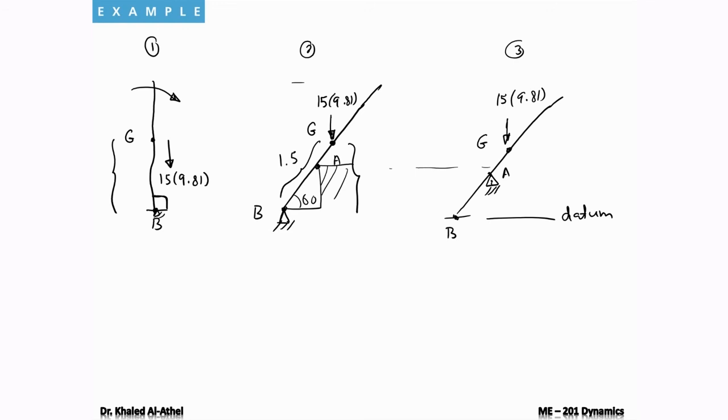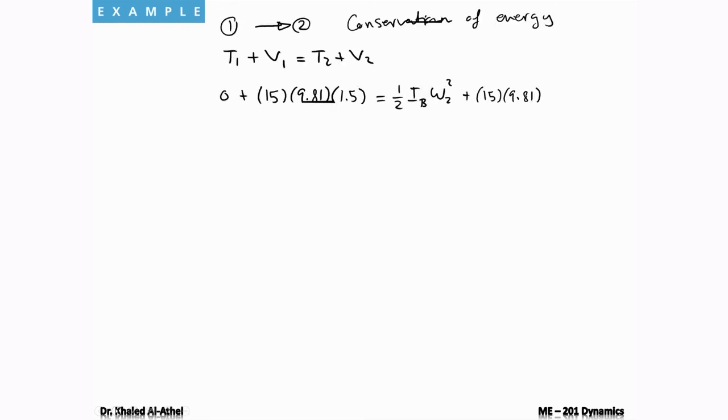So if you take sine 60, it will give you this length, or let's call it h, over 1.5, and then you multiply it by 1.5. So it's going to be 1.5 sine 60. So this is multiplied by 1.5 sine 60. Now, I_B, I'm going to do it separately on the side.